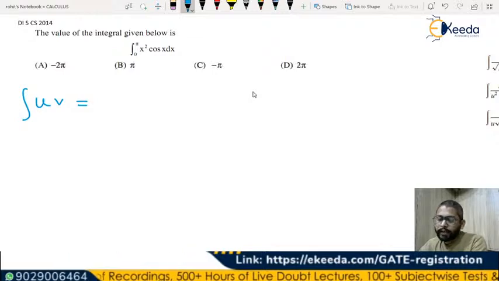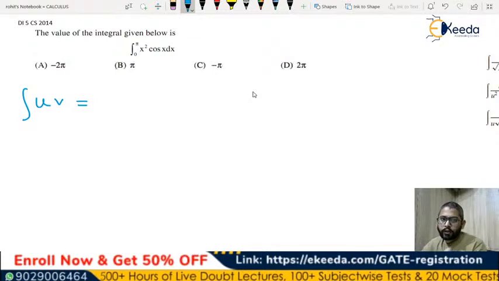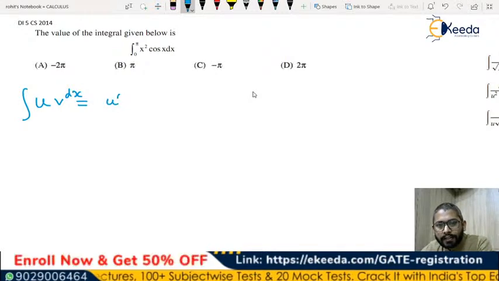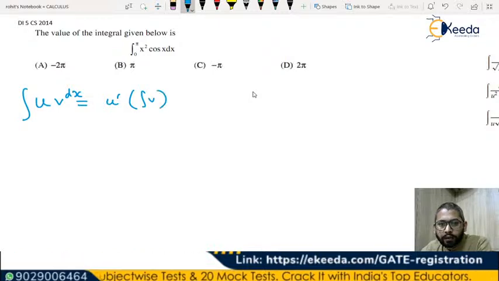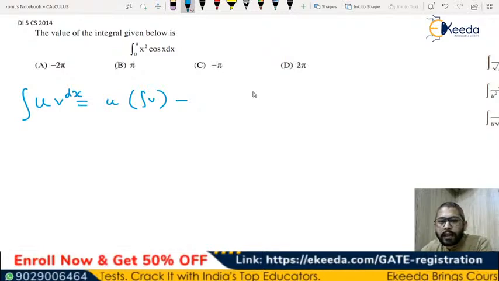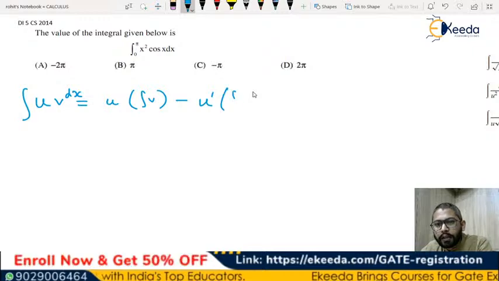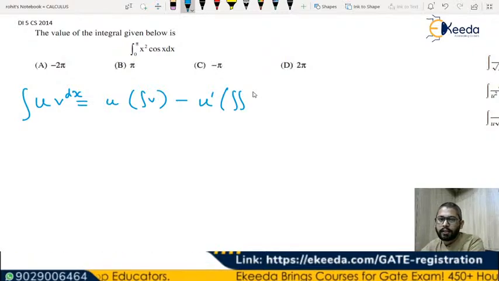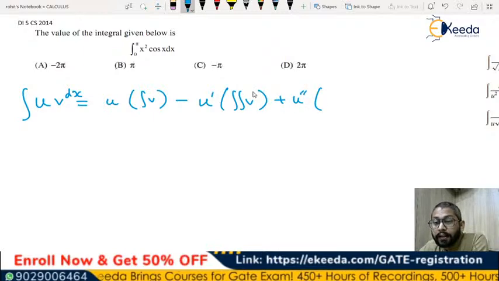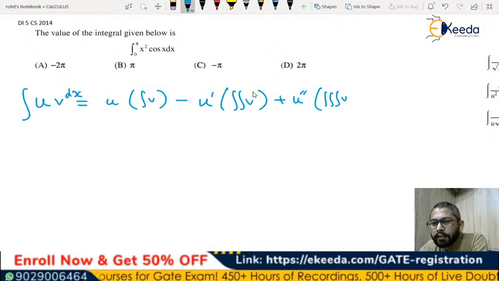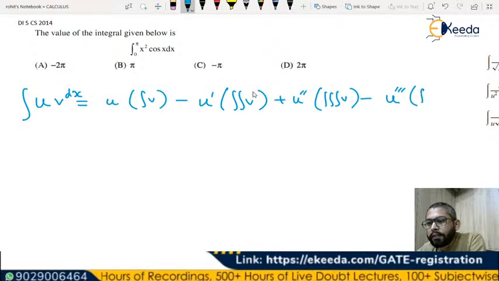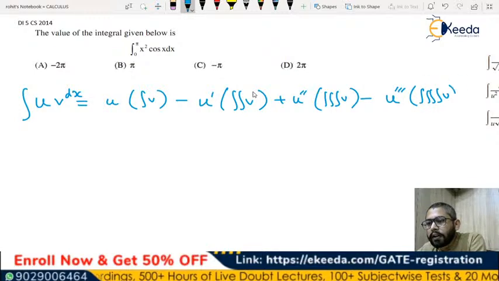So uv, just look here. The integration of uv can also be done as u into integration of v, first one will be like that only, minus u dash into double integration, in the sense integrating twice, plus u double dash, double differentiation, and third integration, then again minus u triple dash, third differentiation and fourth integration, and so on.